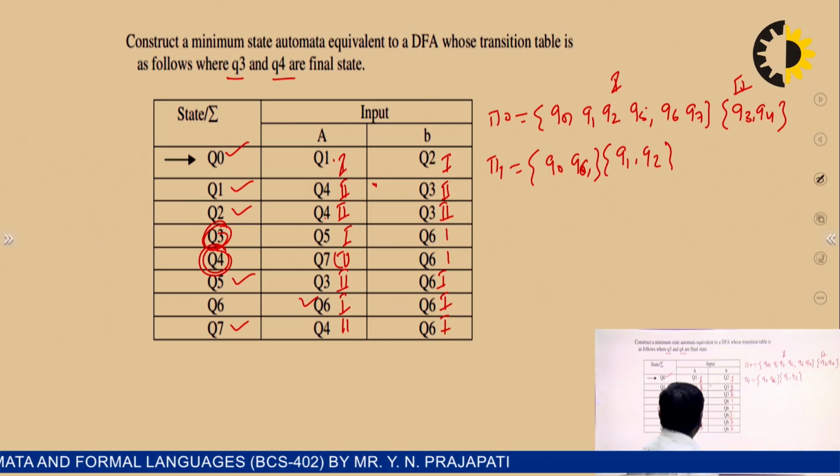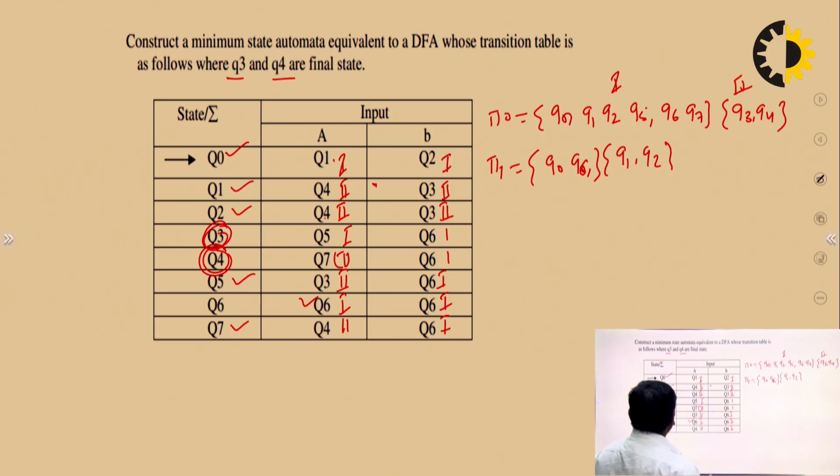And the remaining two states, which states are remaining? Q1, Q2, Q0, Q6. Now Q5, Q6. Q5, how many states are remaining? Q7, 2 1 2 1.